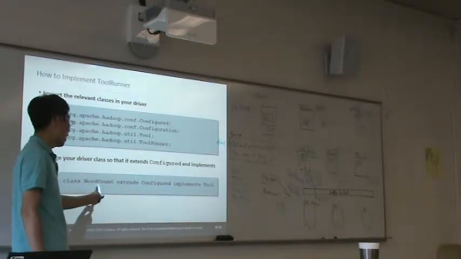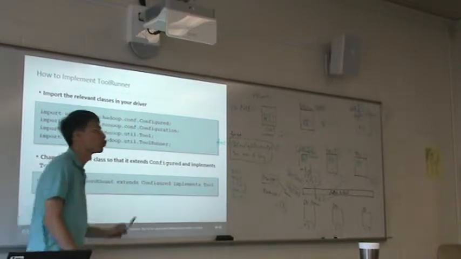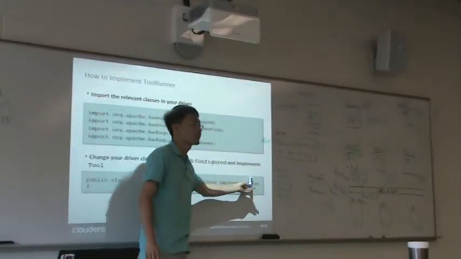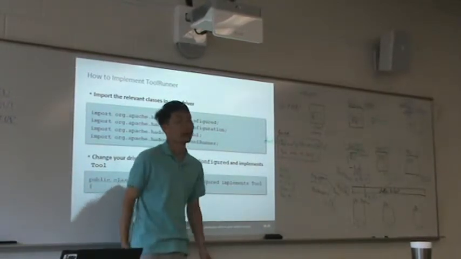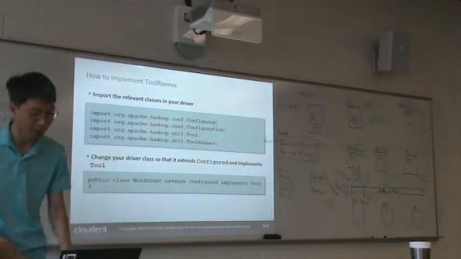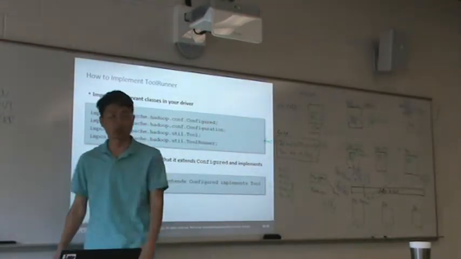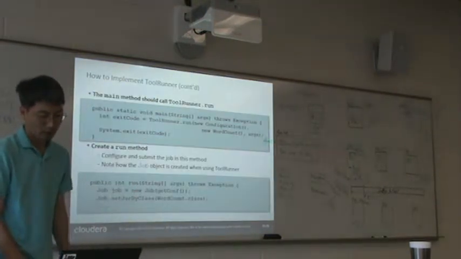This is the word count. You need to configure it to implement Tool, which is pure Java; it's not Hadoop only. If you are not sure what Tool is, why don't you check the website or a Java group.